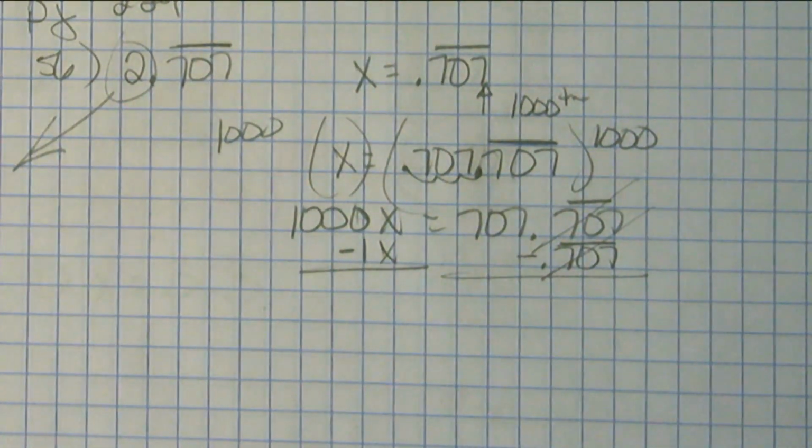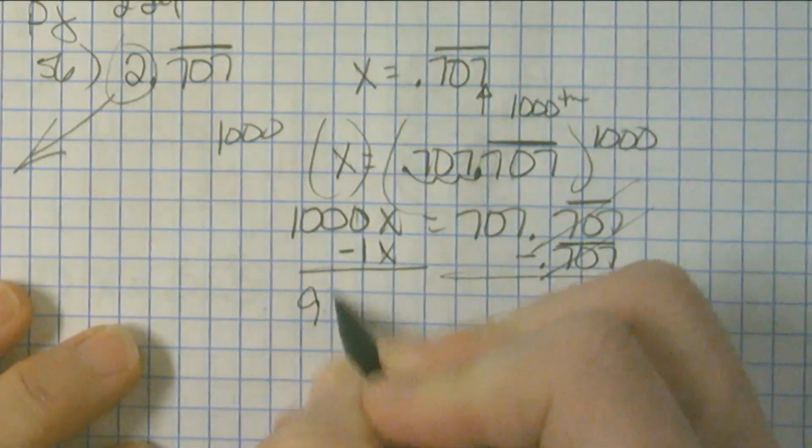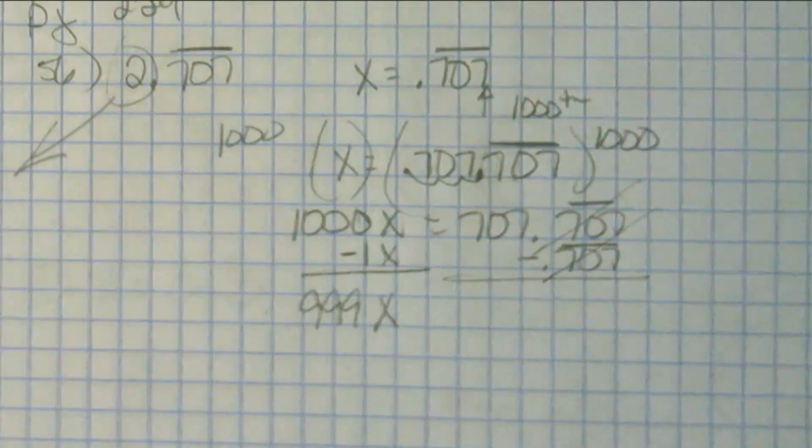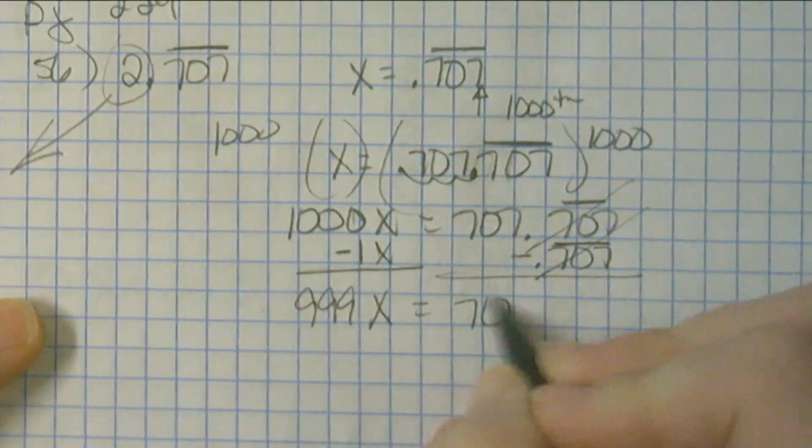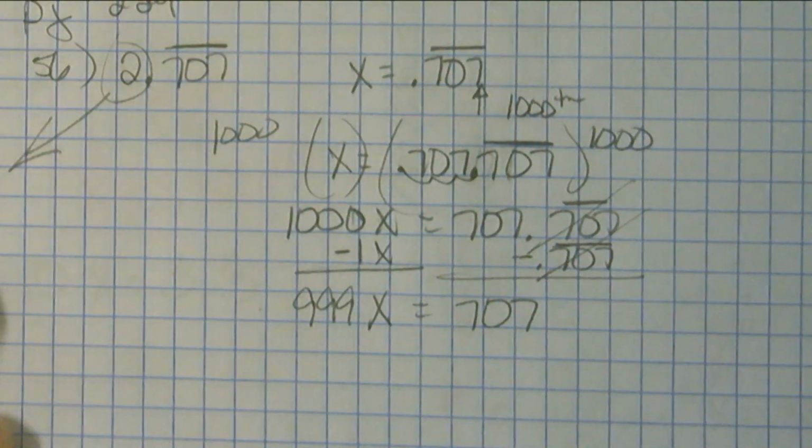It will always be a 1x. You're always going to multiply by 10, 100, 1,000, or 10,000 perhaps, and then you're always subtracting a 1x off. So you're always going to get some form of 9x, 99x, 999x. That will always be equal to one of my repeating parts.